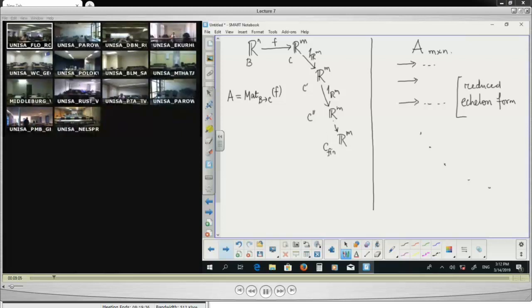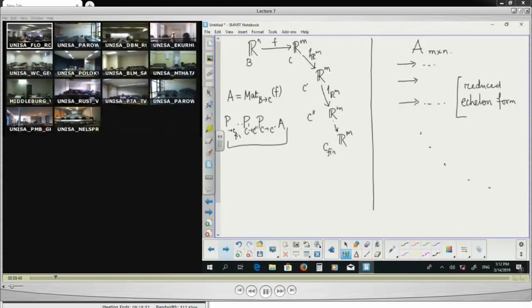That means you have multiplied A by the change of base from C to C prime, then by the change of base from C prime to C double prime, and so on. So finally you come to this C final as I wrote. So this is the matrix. And I will show that any M cross N matrix finally gets reduced to a matrix like this. That's my first step. Okay?